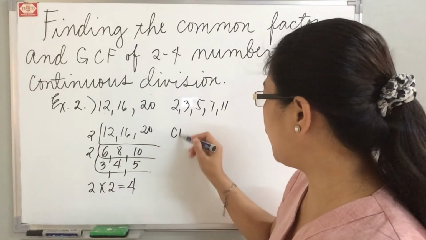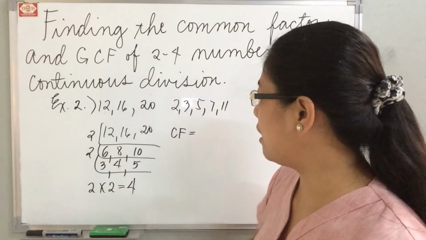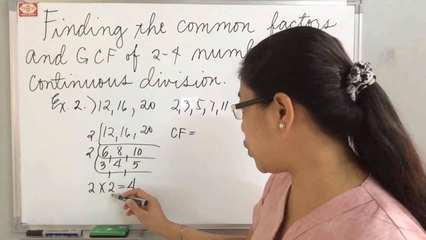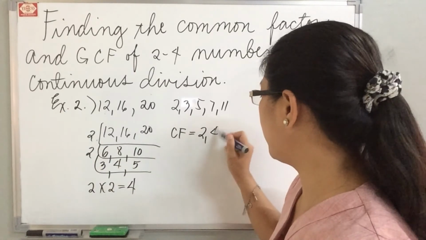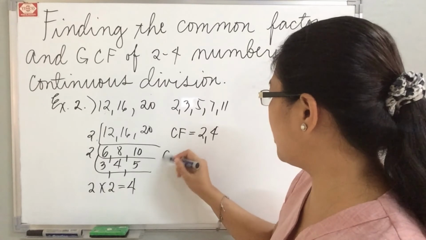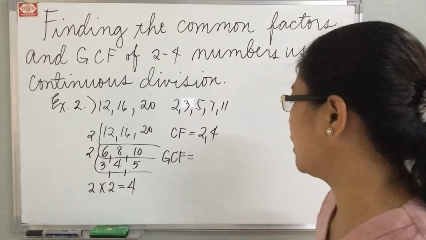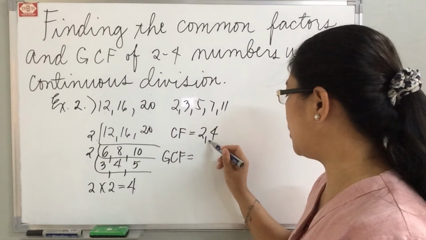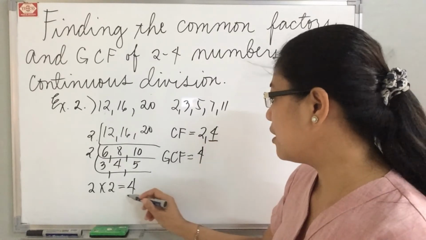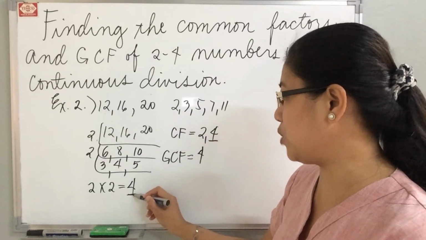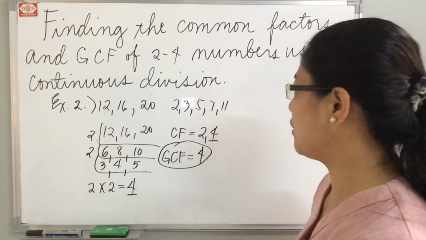So our common factors of 12, 16, and 20 are 2 and 4. There's the product. Now, what's the greatest common factor of 12, 16, and 20? Of course, the largest number, which is 4. Or again, your product here when you multiply the divisors. So, GCF is 4.